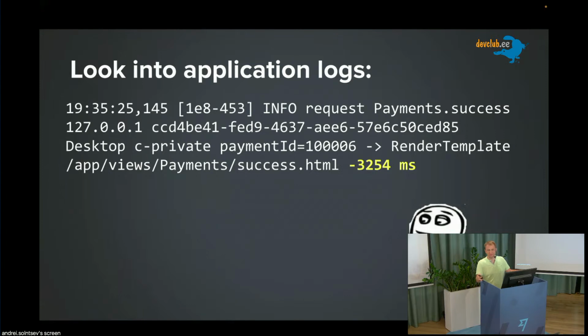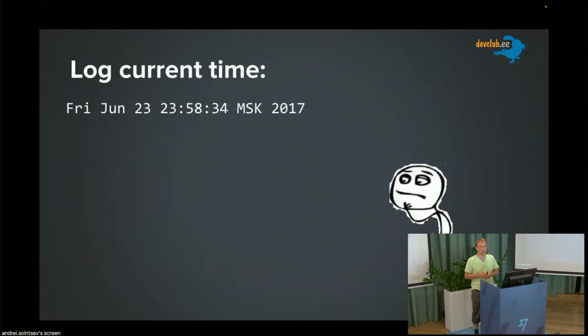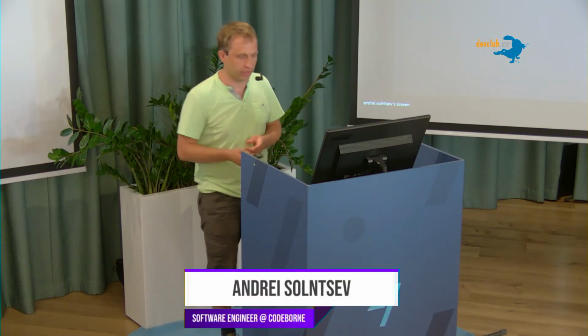But what? How is it possible? I don't know. We started trying different experiments. They didn't help. But finally, we created a simple bash script, which ran in cron every second and just logged the current time into a separate file.